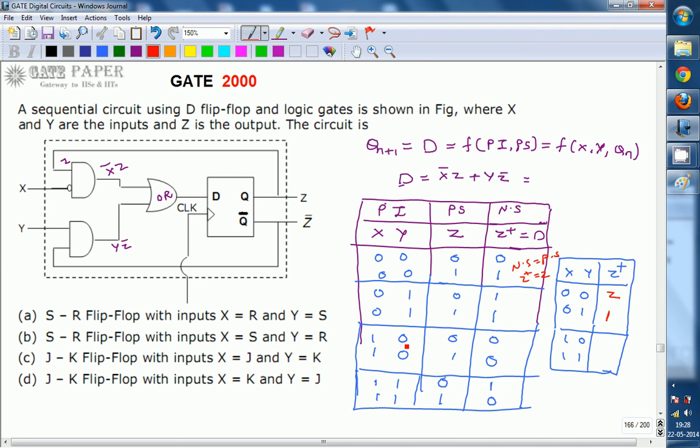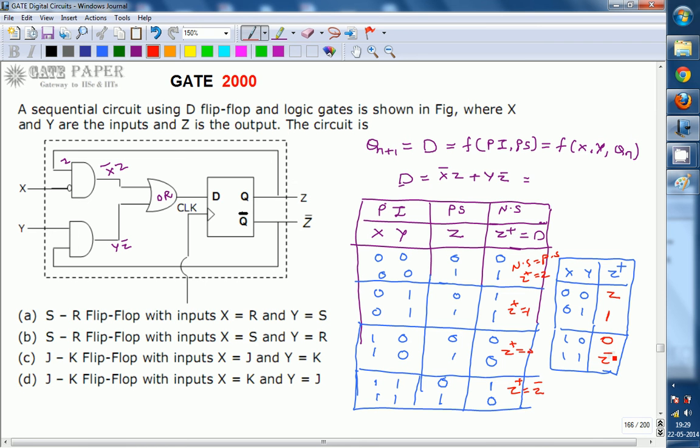Next, for these two rows, 1 0, irrespective of present state value, output will be always 0, so we can write it as 0 itself. And whenever x is equal to 1, y is equal to 1, what you are getting is z plus is equal to z bar, so we are writing it as z bar.